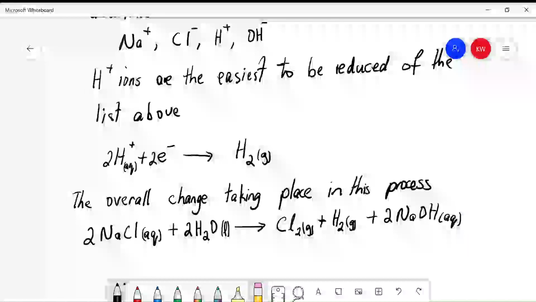These will combine to form the sodium hydroxide. So that's how we have the sodium hydroxide being given off.